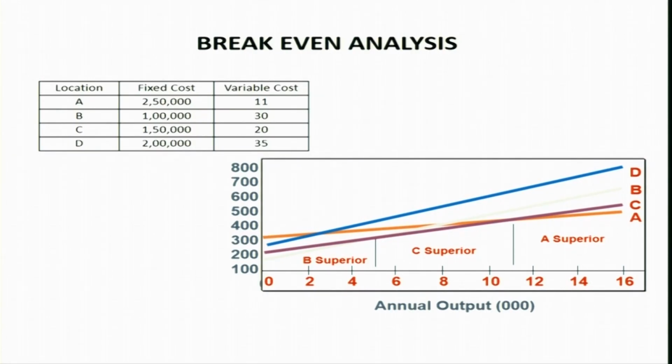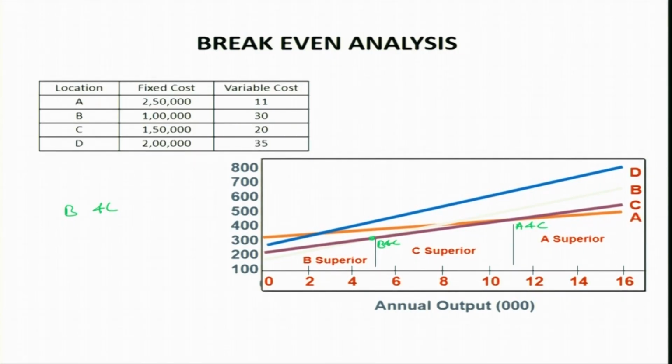So, what you will find, one of the break even points is coming somewhere here, which is the intersection of A and C. So, the first break even point, this is also called point of indifference, is coming between A and C, sorry, not A and C, between B and C. Between B and C, this intersection is between B and C, and second, another intersection is coming between A and C. B color is slightly lighter.